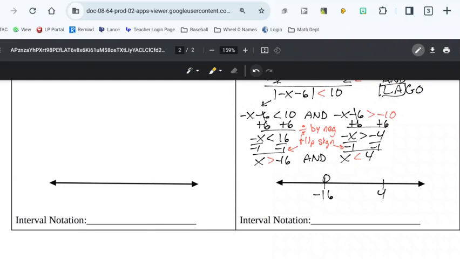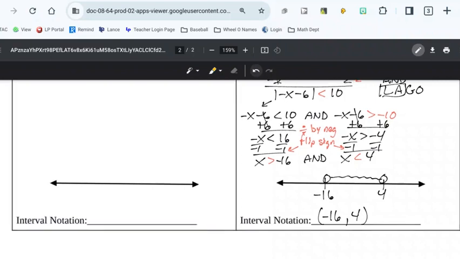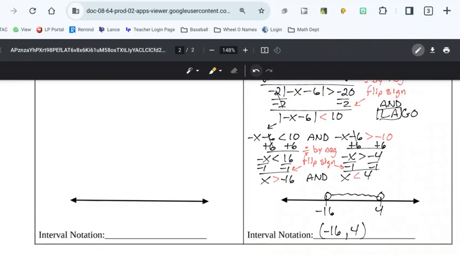They are both open circles. It's an and problem, so we're automatically shading to the middle. Our interval notation is a parenthesis because it's an open circle, and a 4 with a parenthesis because it's an open circle. All right, great job. Go ahead, take a few minutes to go back and try the other 3 problems on your own. See you back in a few.